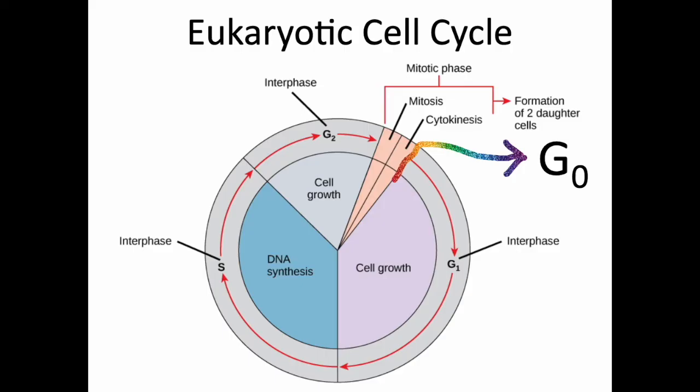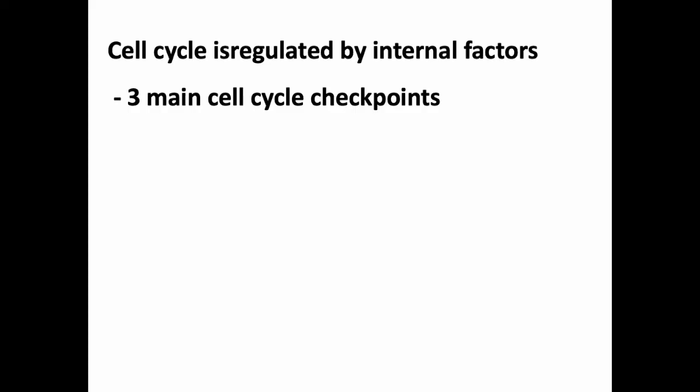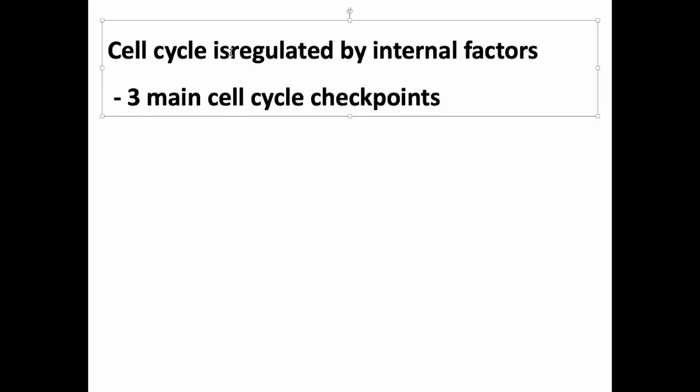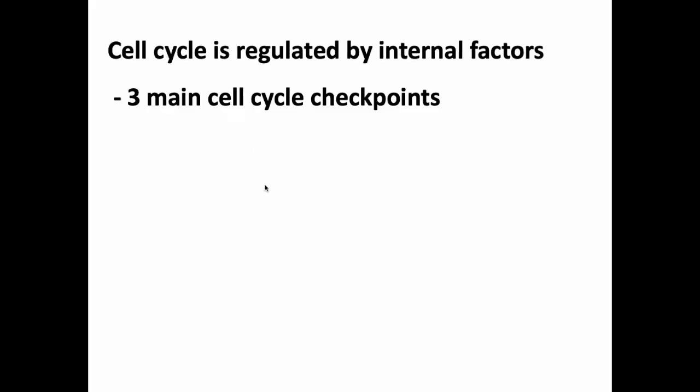Okay, now let's talk about control and regulation. So this is obviously a very complicated process. None of this magically happens on its own. There is a lot of regulation that occurs here to make sure that it all happens without any mistakes. The cell cycle is regulated by internal factors.